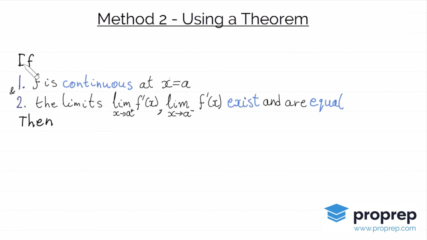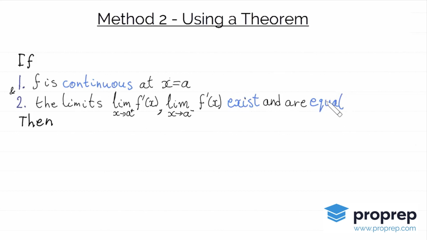It says, if f is continuous at x equals a, and the limit as x goes to a from the right of f prime of x, and the limit as x goes to a from the left of f prime of x exist, both of them, and they're equal to each other.